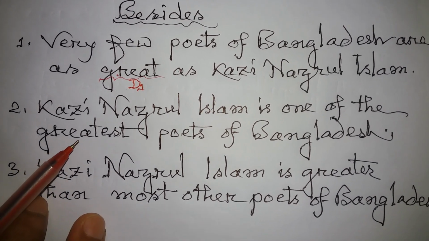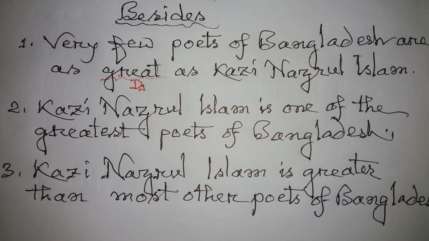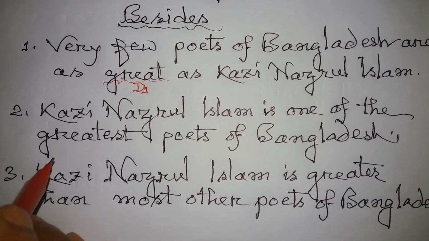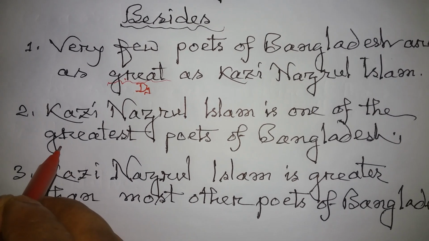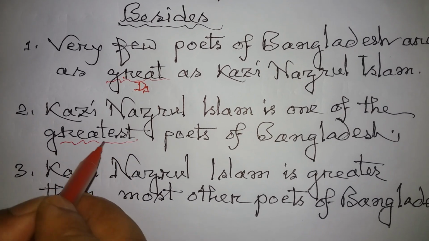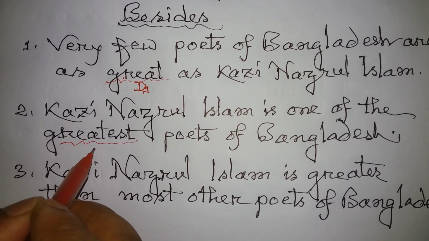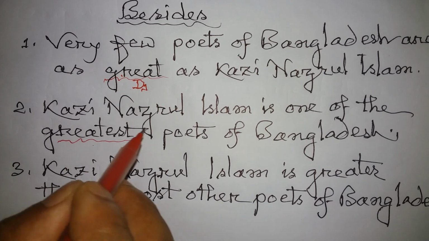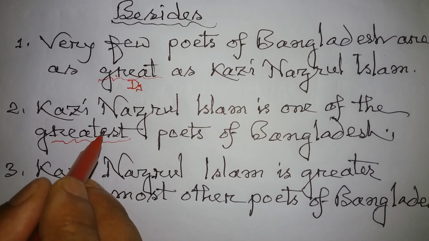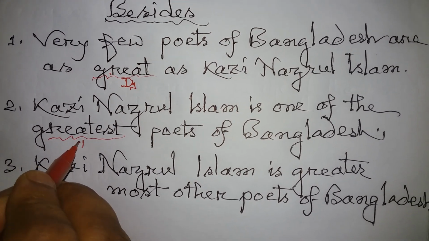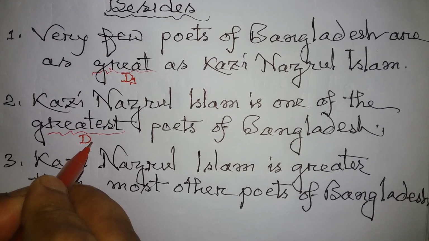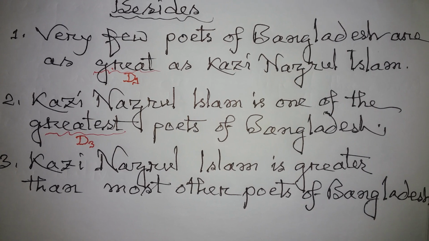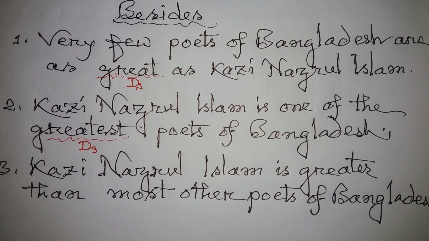And number 2, Kazi Nazrul Islam is one of the greatest poets of Bangladesh. We can see there is a word greatest. It is an adjective and it is formed from great. And this form is D3. We know that D3 means superlative degree.